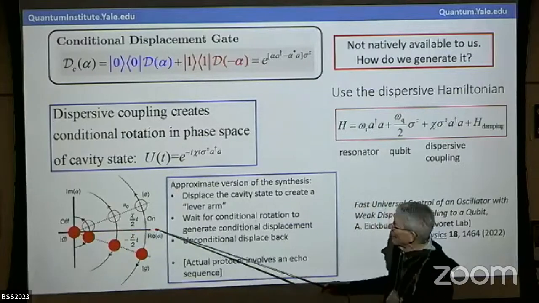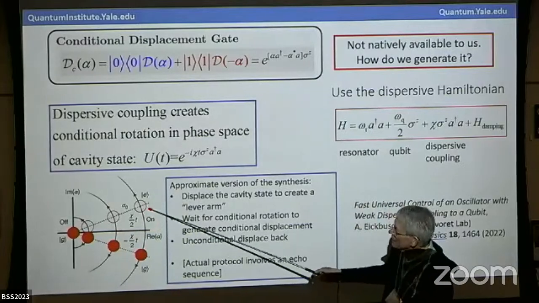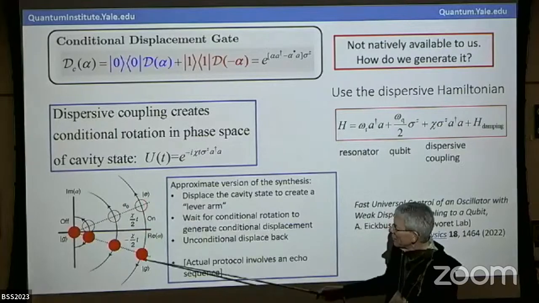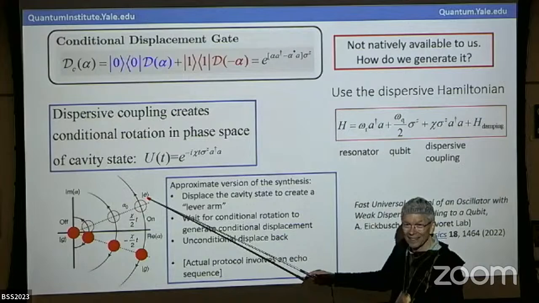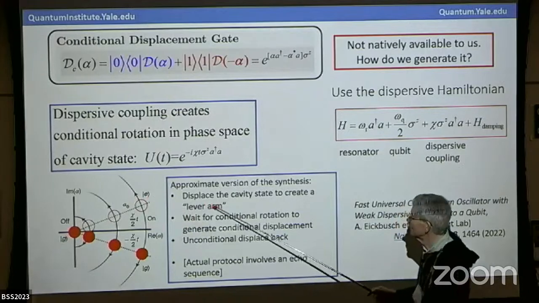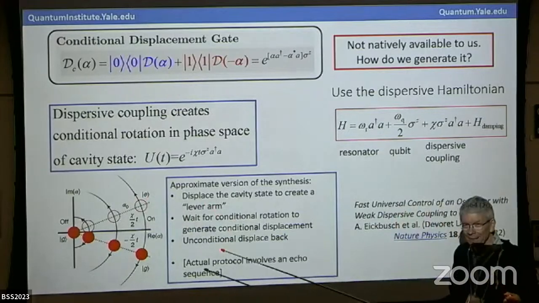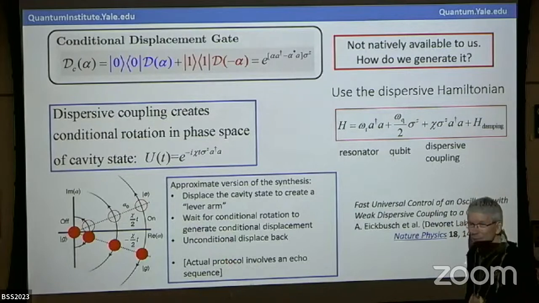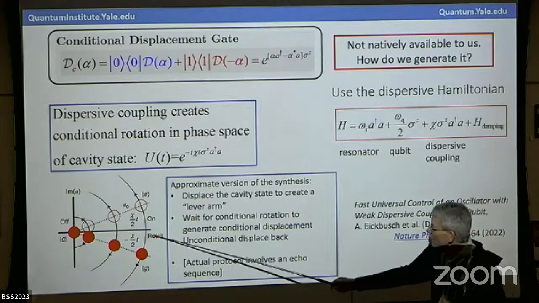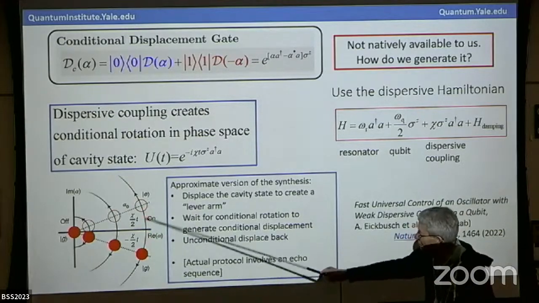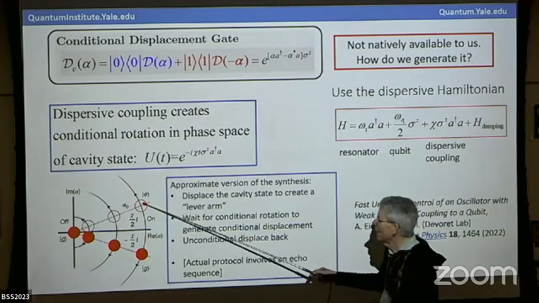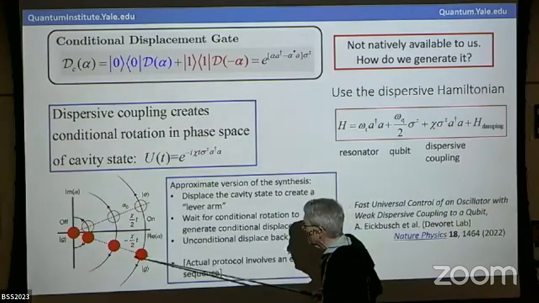But if I go way out here and I change by a small angle, I actually get a huge conditional displacement. And so that actually speeds up the gate, which is good because we always want to go as fast as possible. So you wait a little while for this conditional rotation to give you effectively a conditional displacement, and then you displace back.